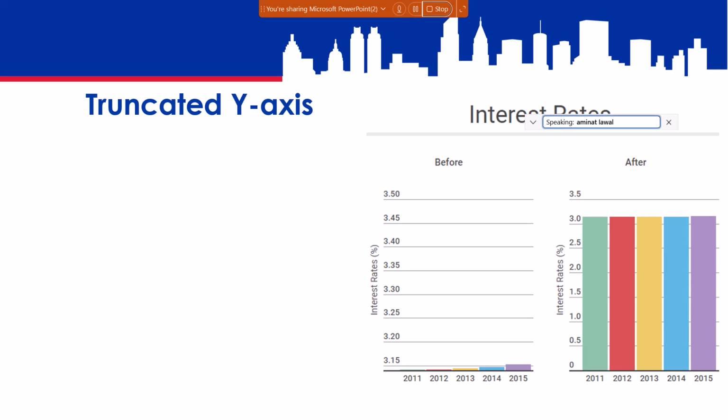One of the reasons people try to trick you with graphs is it's visually more appealing. If you're not paying any attention, you just look at this and say, oh, there was a slight increase. But of course, here, there really wasn't a noticeable increase.